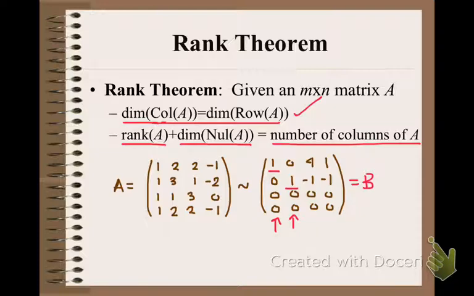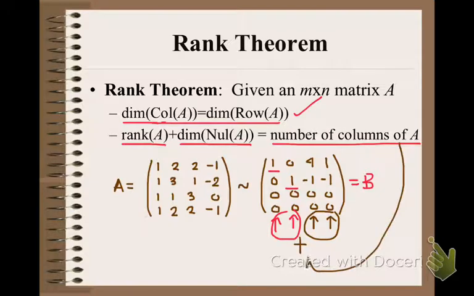The dimension of the null space is related to the number of free variables that we have, and hence is the number of non-pivot columns of a matrix. And so if we take the sum of the non-pivot columns and the pivot columns, what we end up with is the total number of columns in the matrix A.